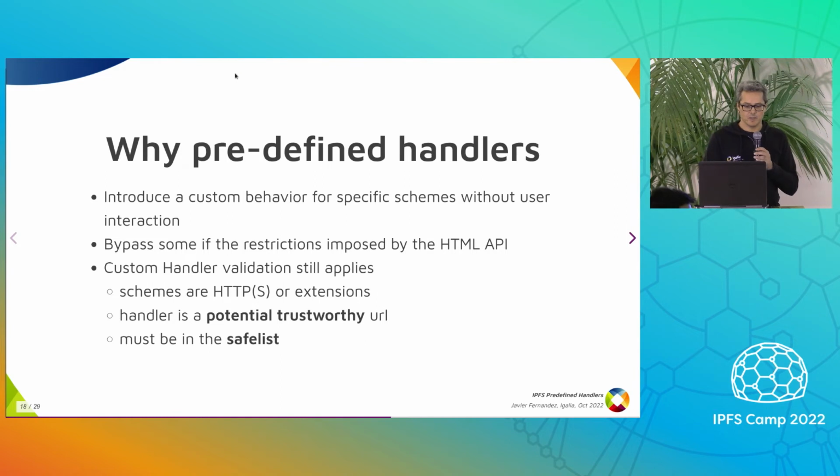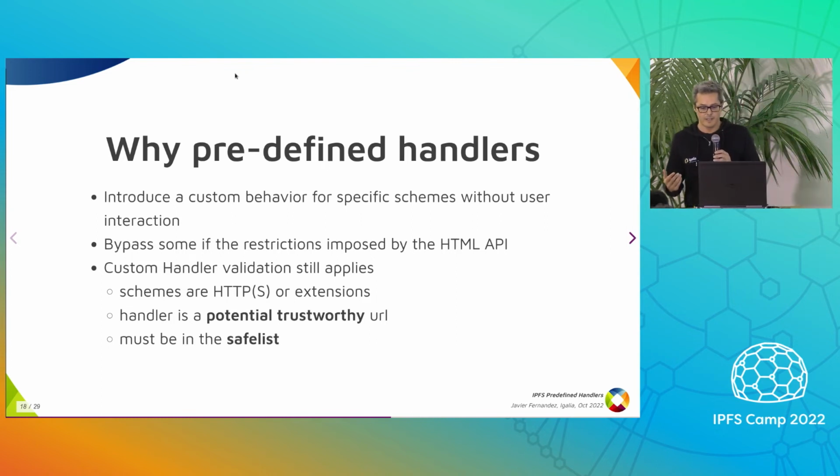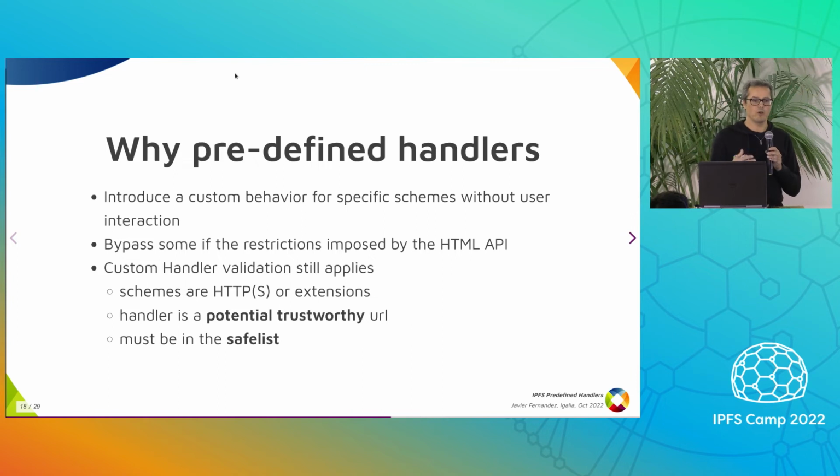so the user is aware of this. But another advantage is that we can bypass some of the restrictions imposed by the HTML API. Since we do this at compile time, and it's an embedder browser where we know the use we want to give, and the user, when they install the browser, knows the capabilities, we can assume that the handler is safe, and we don't need to check for the same origin registration restriction.